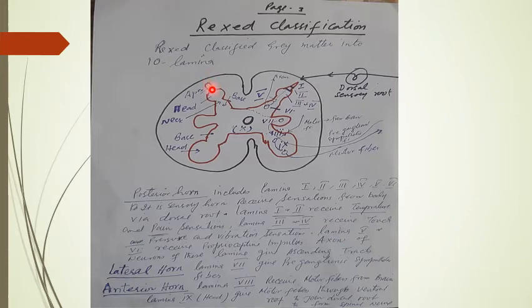Conical apex, broader head, then narrow neck, and again broader base. So there are 4 components of the posterior horn by shape: the most posterior is the apex, then the head, then the neck, then the base.